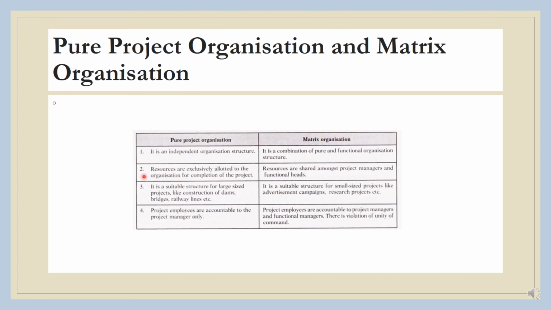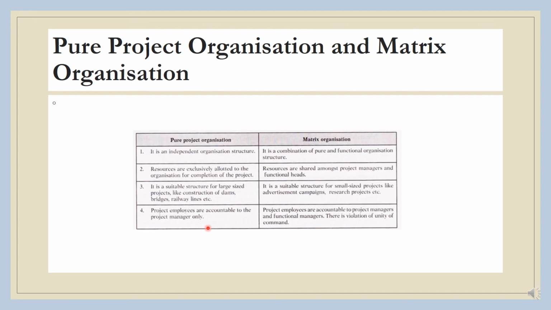In this case, resources are exclusively allotted to the organization for completion of project, whereas they have shared resources among project managers and functional heads. Pure project organization is suitable structure for large size projects like construction of dams, bridges, railway lines, etc. Whereas matrix organization is suitable structure for small size projects like advertisement campaigns, research projects, etc.